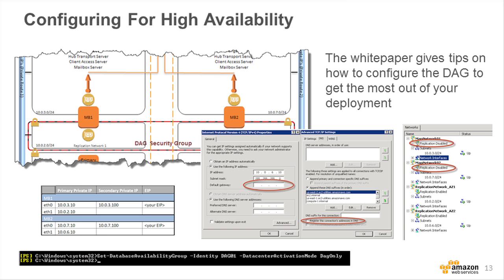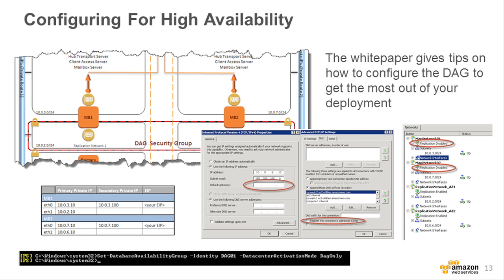When the DAG network crosses multiple AZs, you will also have to set up routing between the instances. So you set up an individual route between the network interface in availability zone 1 and the network interface in availability zone 2, and ensure that the traffic routes properly.